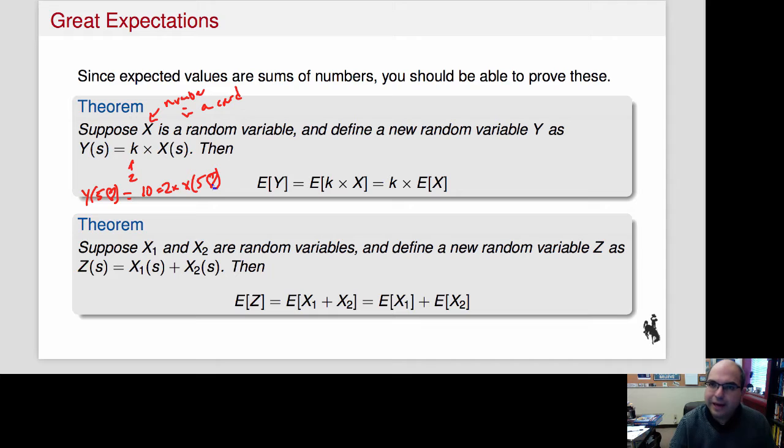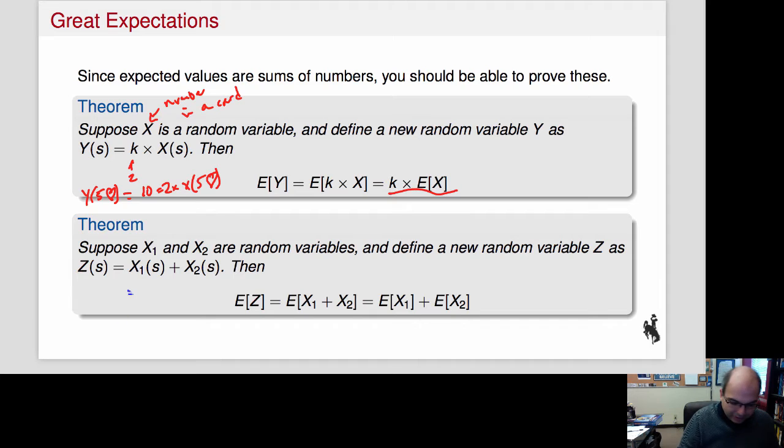Now if I ask what the expected value of y is, it ends up being simply k times the expected value of x. Why? Because I take the sum, which has k times x times the probability of the event, and I just take the k out of the sum, and we end up with k times the expected value of x.